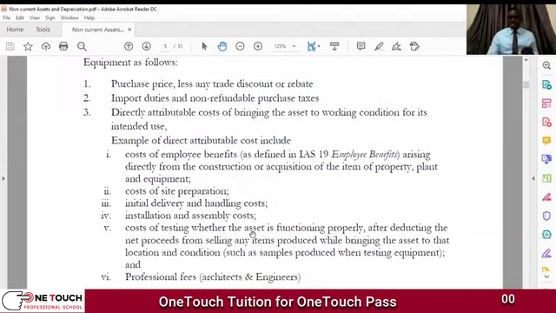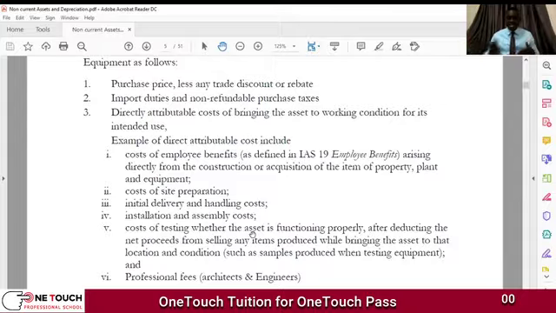Cost of site preparation. Maybe you've got a plant that needs to be installed. We are saying that as part of the cost, the amount we incur in preparing the site on which the plant will be installed constitutes part of the cost of the asset. Good. Then initial delivery and handling costs. When a plant is purchased, the asset may need to be transported from the seller's point to the business premises.